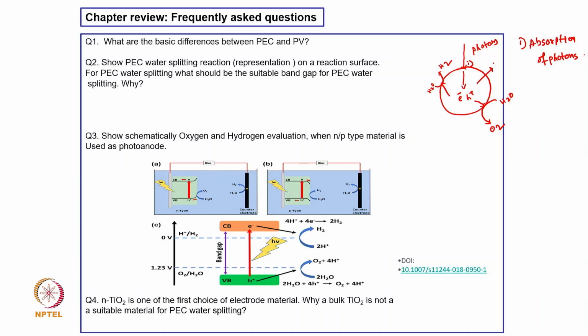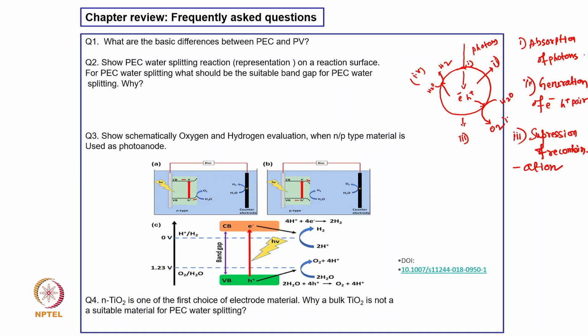The second one is generation of the electron-hole pair. The third one is the migration, and one should also write the suppression of recombination here.